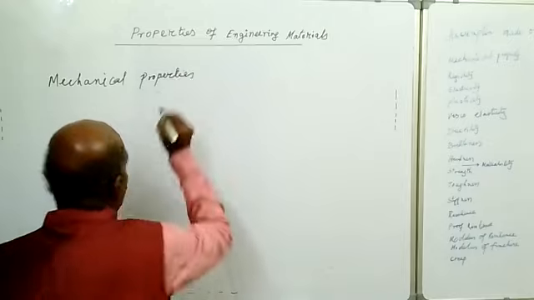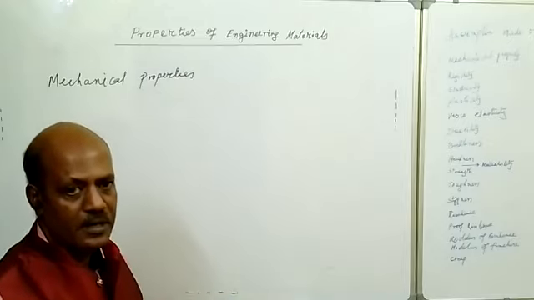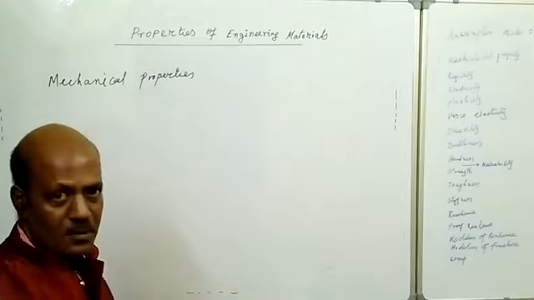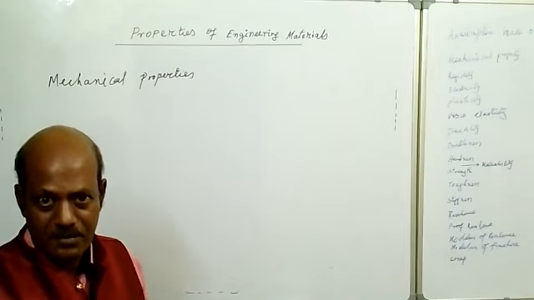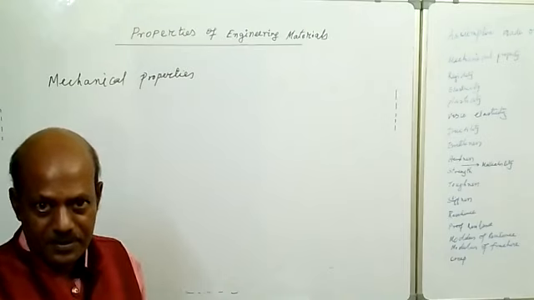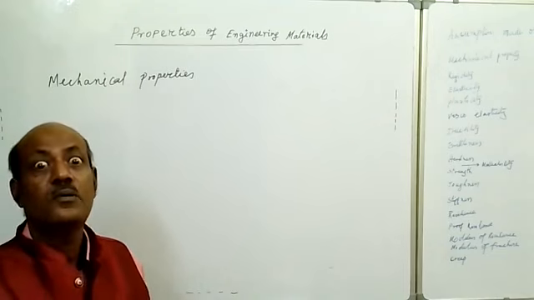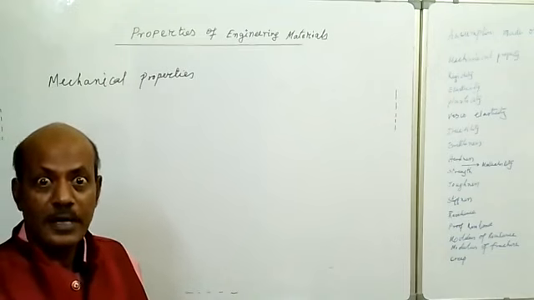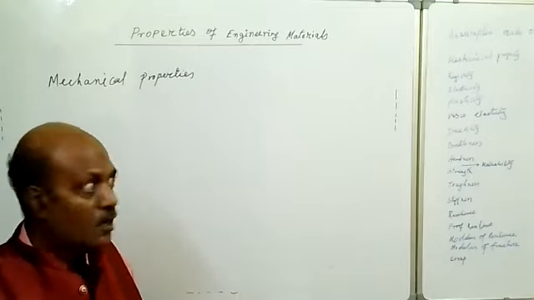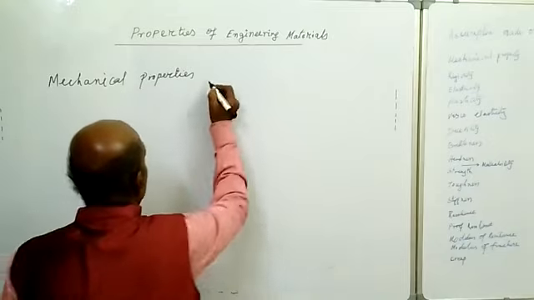What is the definition of mechanical properties? Because we are in mechanical engineering, we should know what we mean by mechanical properties. The properties which are related to load bearing capabilities of a material are called mechanical properties.